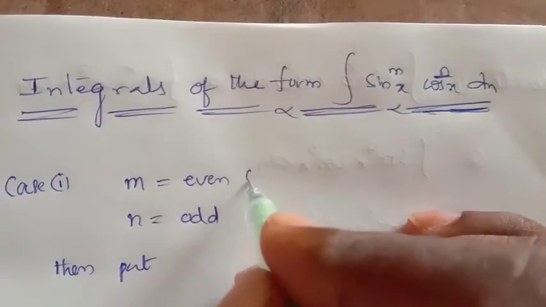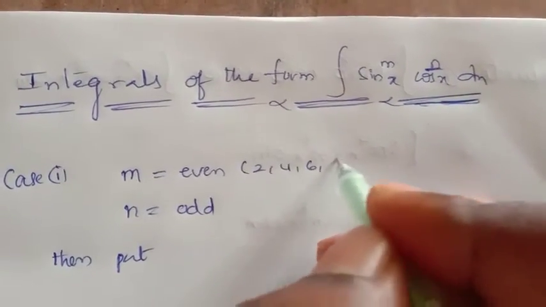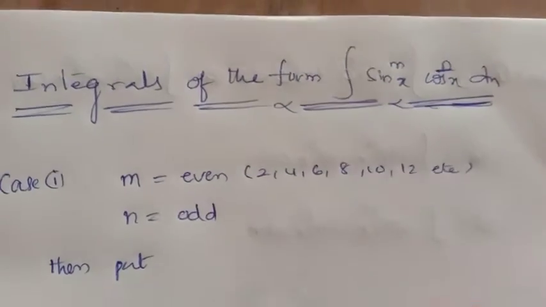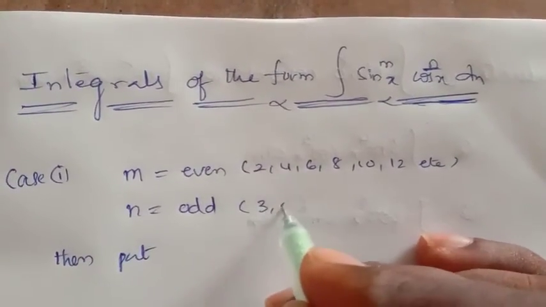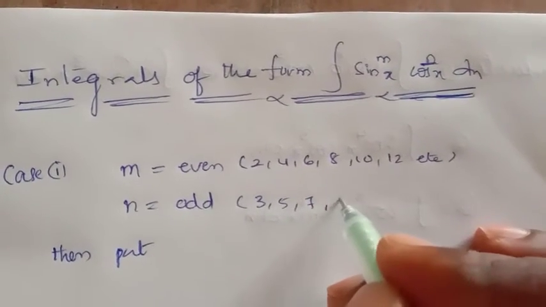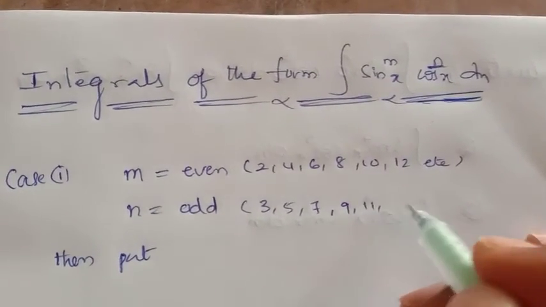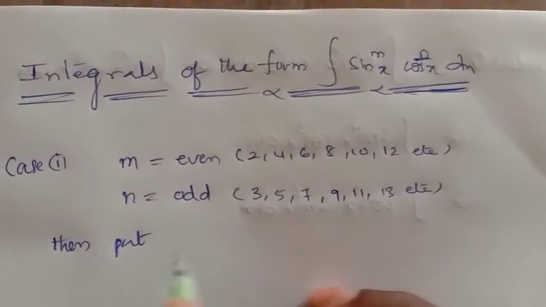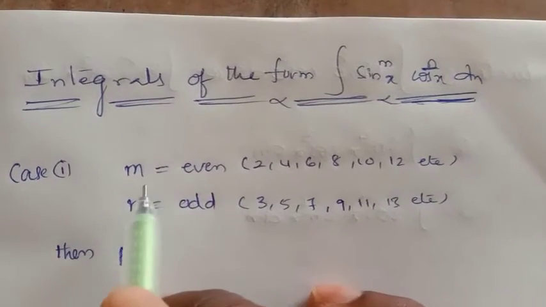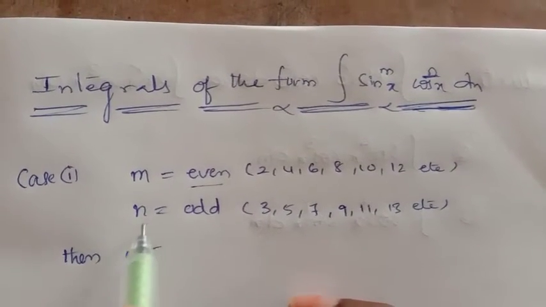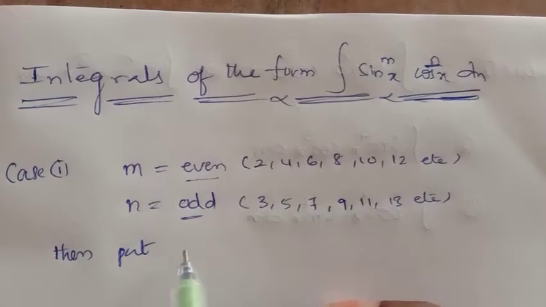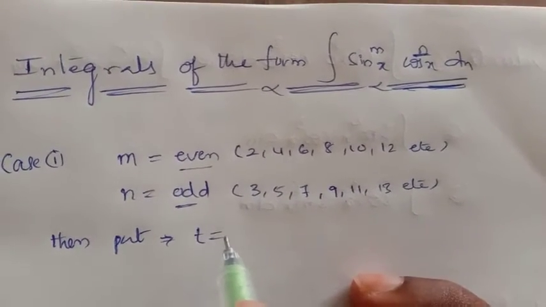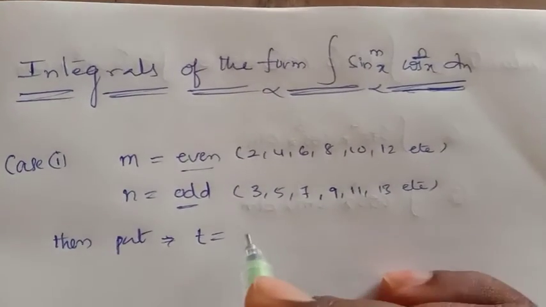Even number means 2, 4, 6, 8, 10, 12, etc. Odd numbers 3, 5, 7, 9, 11, 13, etc. Here the power of sin x is even number and the power of cos x is odd number. Then put t equal to sin x.